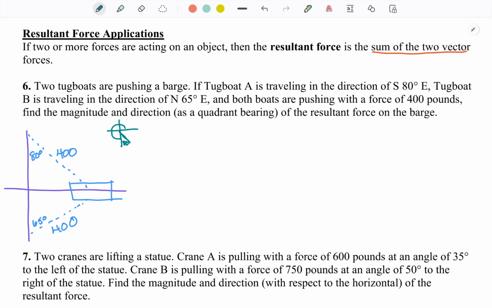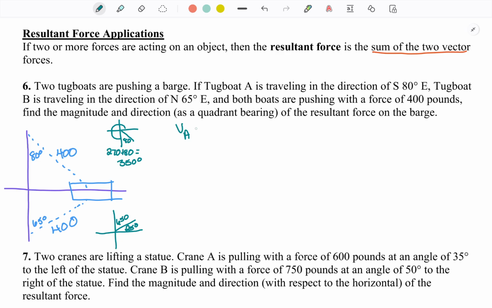So we have 270 plus 80, and that gives you 350 degrees for standard position. And then for tugboat B, that 65 degrees is over here, so that leaves you with 25 down here for standard position. So tugboat B actually has a standard position of 25 degrees.